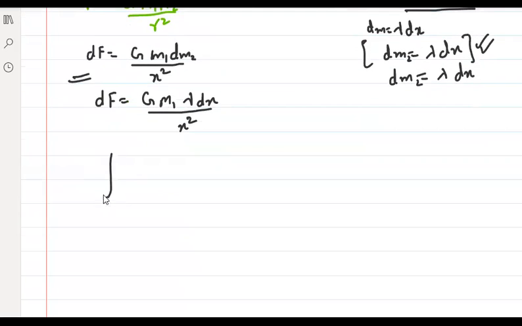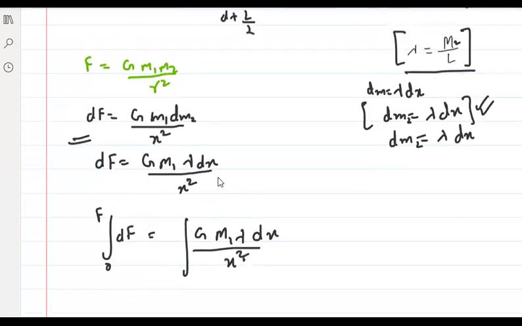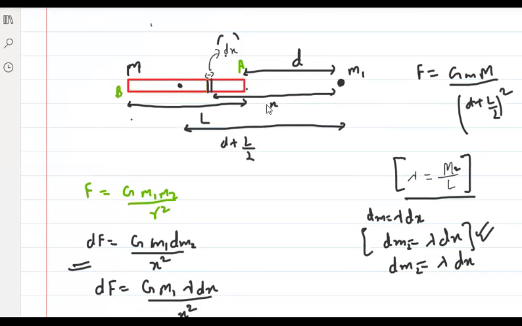We will integrate both sides, integration of dF from 0 to F. M1 is constant, lambda is constant, so I'll just write G M1 lambda dx by x square. From where to where? Think about it.